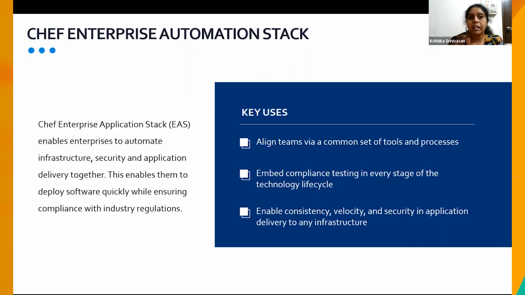For example, you have a Habitat file which helps in application packaging and deployment. That .hart file that is created can be deployed onto any environment so that uniformity is maintained. It can be deployed to an on-premise server and also to a cloud, thereby maintaining the consistency across all platforms.